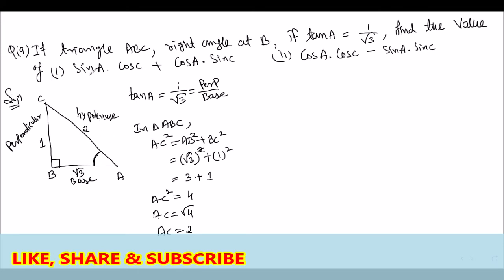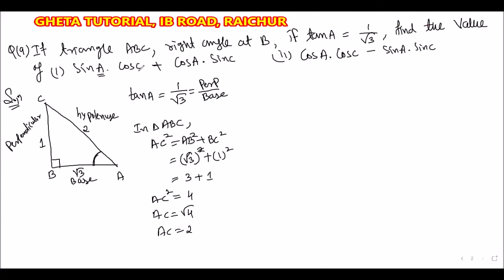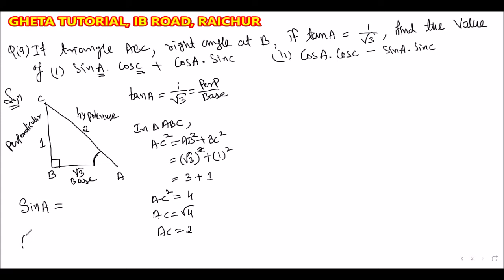Now here we have the first question, sin A cos C. Here the angles are changing, because sin A is given and cos C is given. When the angles change, the perpendicular and base will change. So I will find the values of sin A and cos A from this figure.